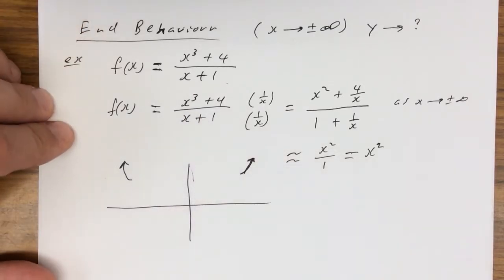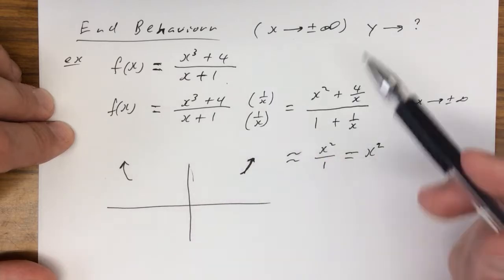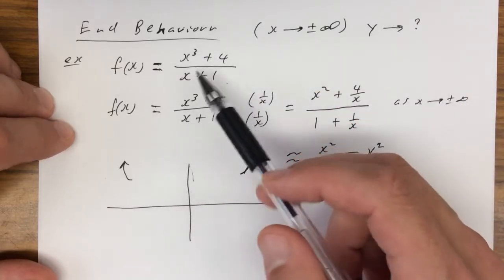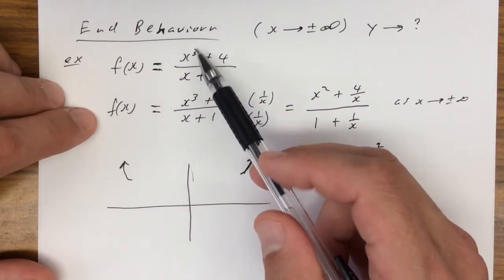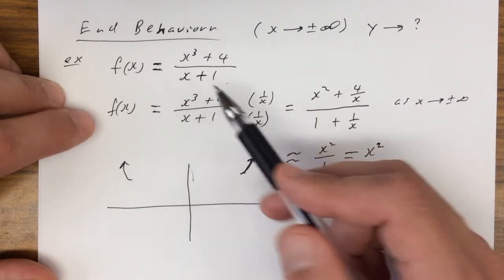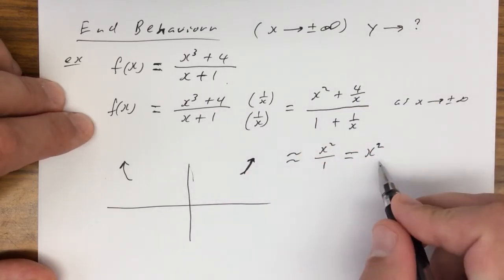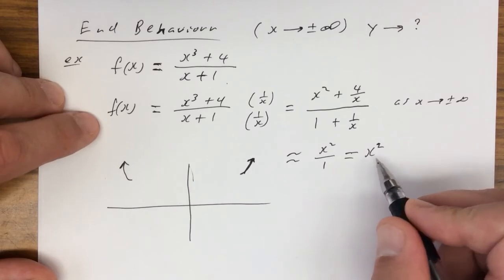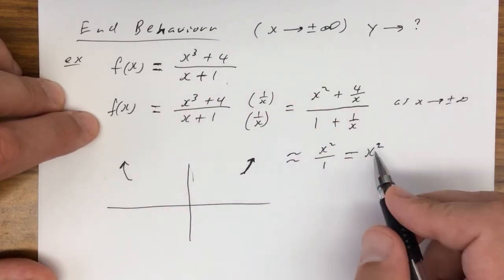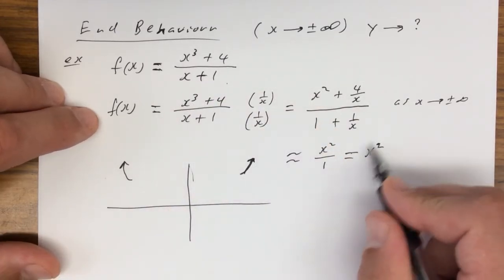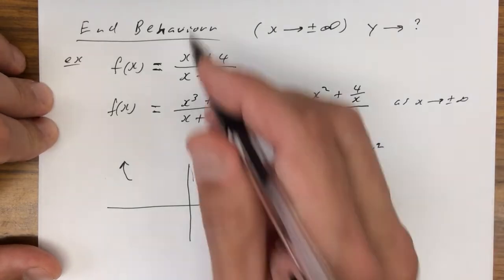Now what happens when the degree difference is something different? So the degree of the top is cubed, the degree of the bottom is 1, so it ends up being their difference in degree here. So x squared is the difference of their degrees. And we know what x squared looked like. So we don't really have to do this anymore.